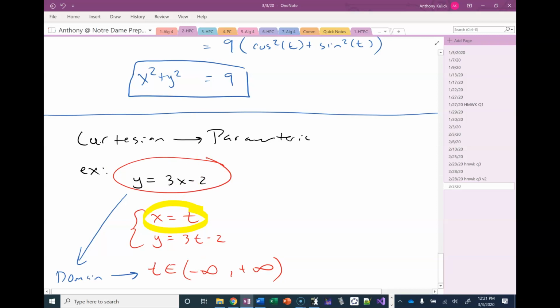The domain for any polynomial is all real numbers. And since x and t are the same thing, the domain for my function is going to be the same as the parameter interval. So I just use that. You're welcome. That was an old Algebra 2 fact that we applied there.